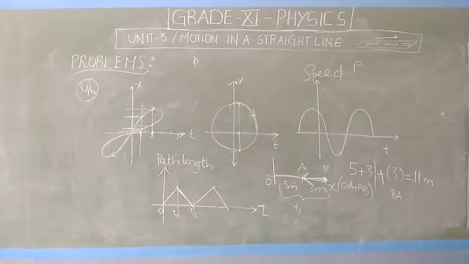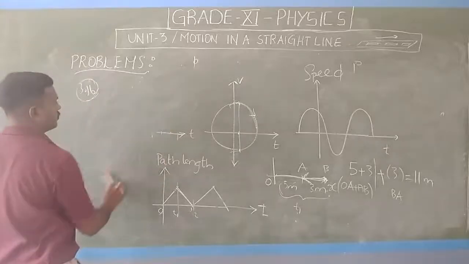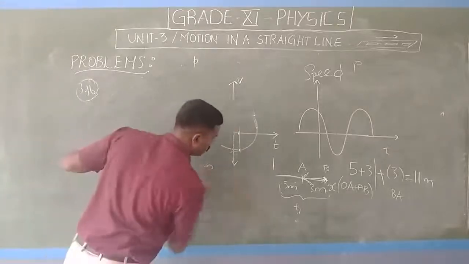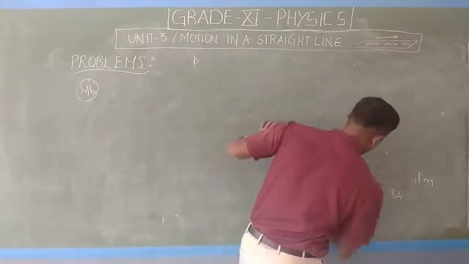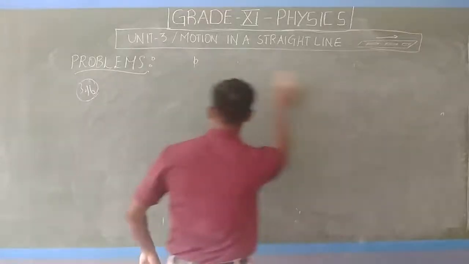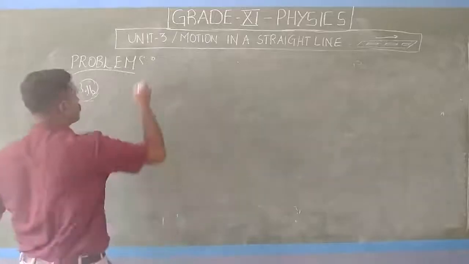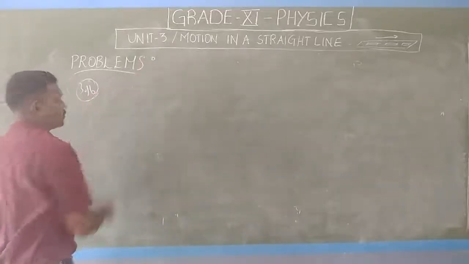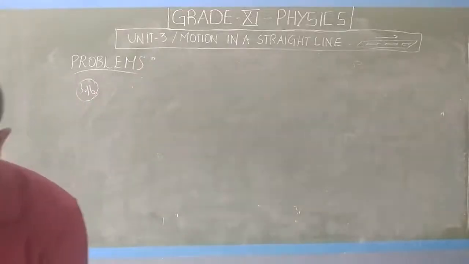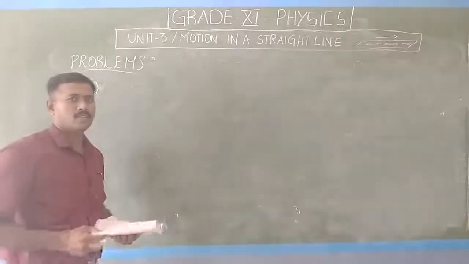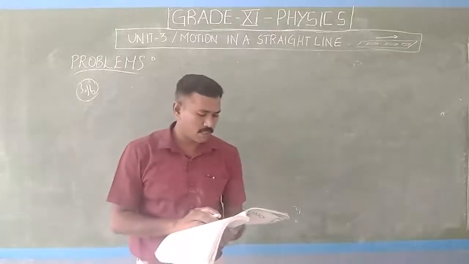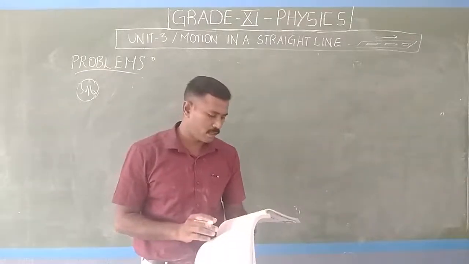Next one, students, a relative velocity problem. A jet plane traveling at a speed of 500 kilometers per hour.